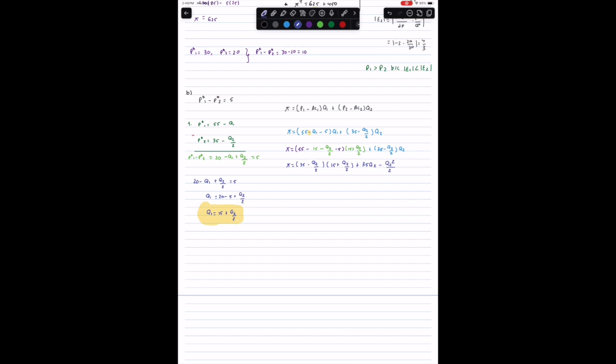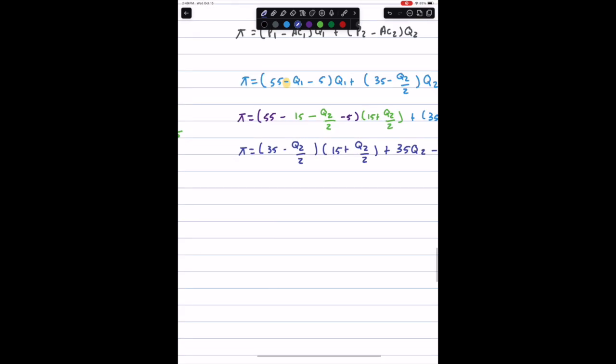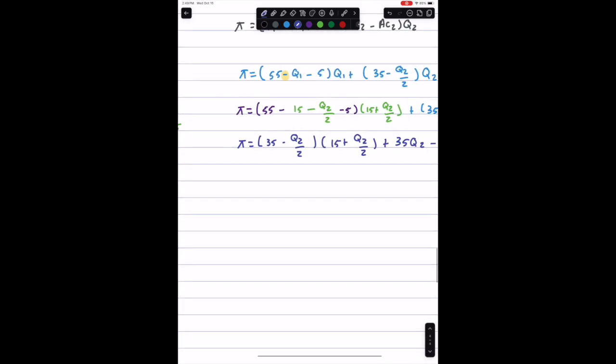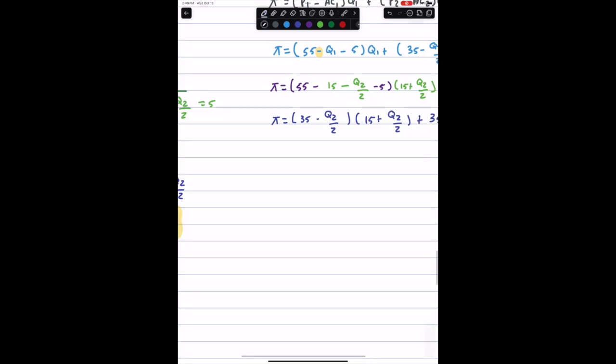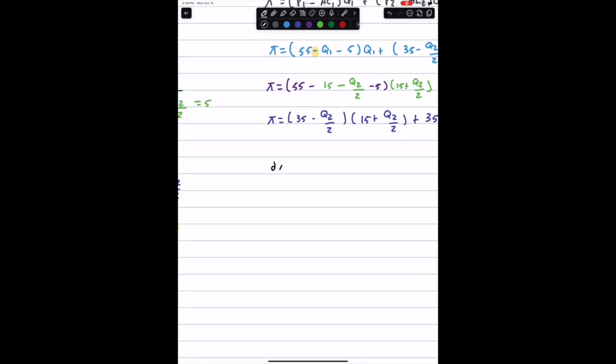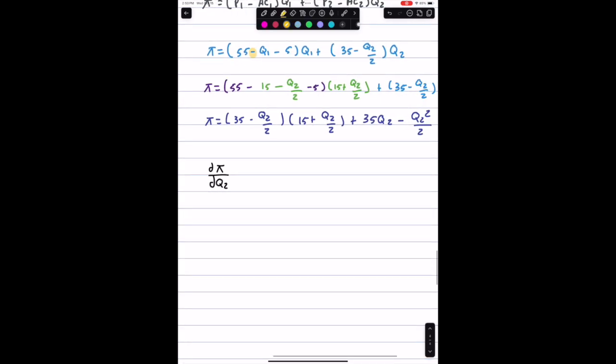Now, what we're going to do is we're going to take the first order condition of this profit function, and we're going to do derivatives. So we're going to take the derivative of profit with respect to Q2. Okay. We know here we have to do the product rule because we have two functions multiplying each other.